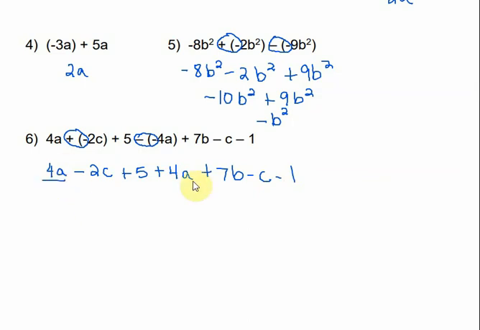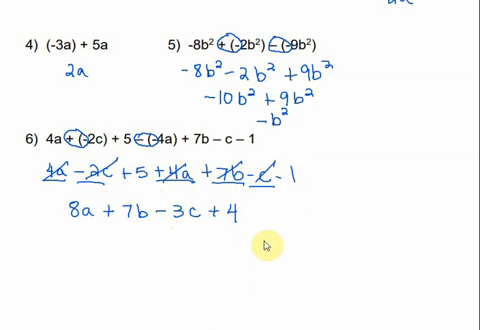Here's a term with an a, and here's a term with the a. 4a plus 4a, that's 8a. Okay, let's look for b's. We only have one term with a b, so we just bring it down. Okay, here is a c, and here's a c. Negative 2c, and this is negative, remember that's understood 1c. So negative 2 and negative 1 would be negative 3c. 5 and negative 1, that would be plus 4. And that's all we can do because these are not like terms, so we have to stop there. And that is simplified.